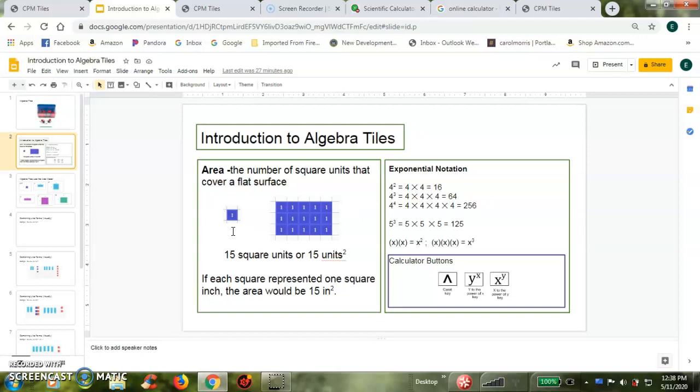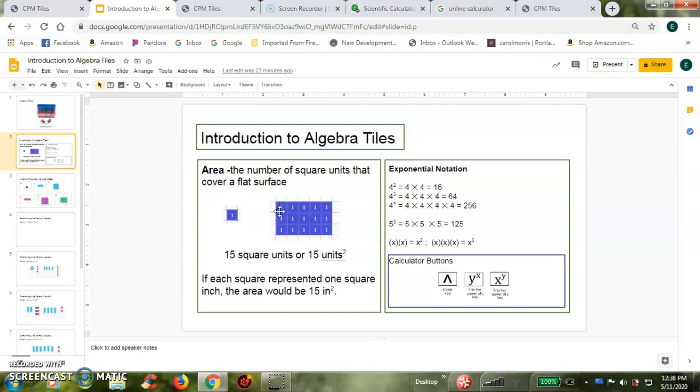And what we mean by square units is this right here. This square unit is 1 by 1 by 1 by 1. If it represented a square inch, it would be 1 inch by 1 inch by 1 inch by 1 inch on all four sides. If it represented a square meter, it would be 1 meter on all sides, right?